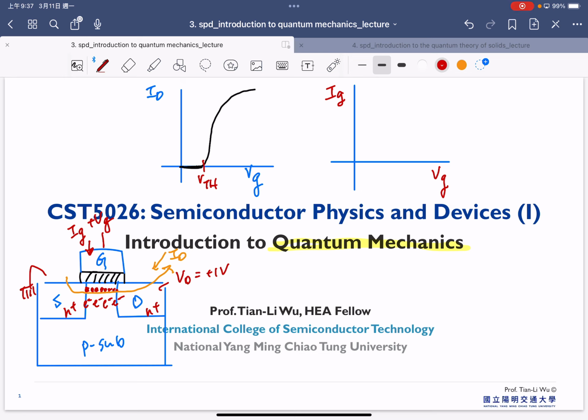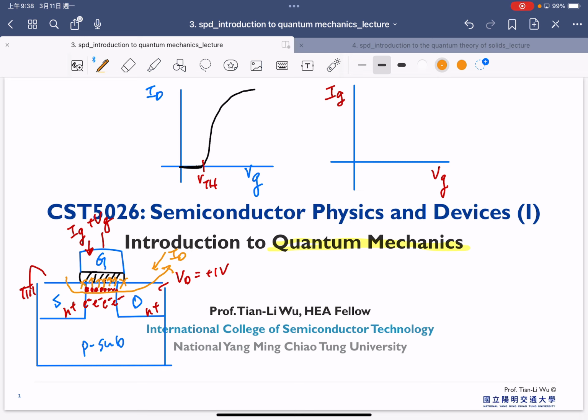Ideally, since this is a perfect insulator, we should not sense any current from here. What does insulator mean? Insulator means this should be a material that is not able to conduct any carriers. So whatever electrons form here, there's no chance for them to flow in this way.